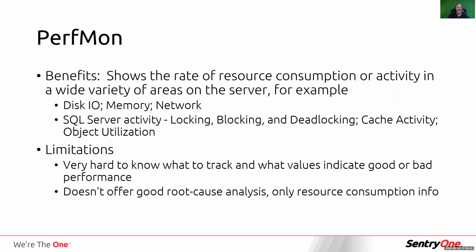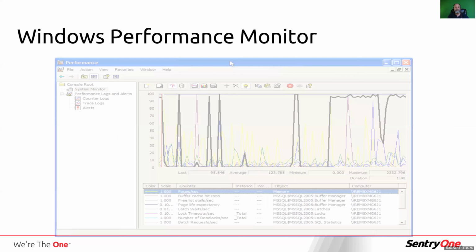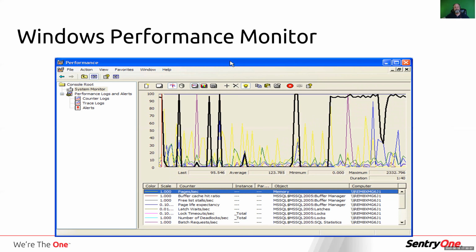So using perfmon is something that you all have probably done at some point or another as a DBA. It's a really simple interface where you pick and choose the different perfmon counters that you want to watch, such as memory, disk I/O, SQL Server locking and blocking, and stuff like that. There are some best practices around that, where you want to run perfmon from a server that is not the SQL server you're monitoring, right?